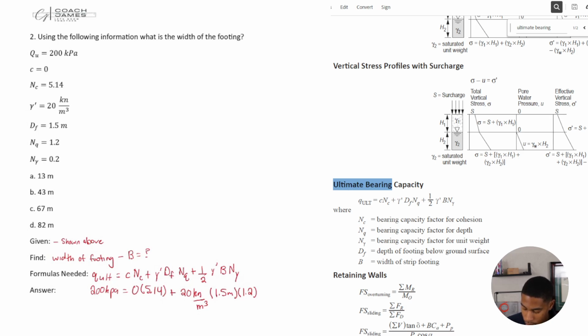Okay, and then plus my 1/2 times my 20 kilonewtons per meter cubed times my B, which is what I need, right? And then what else am I looking for? Oh, the NY times my NY, which is 0.2.